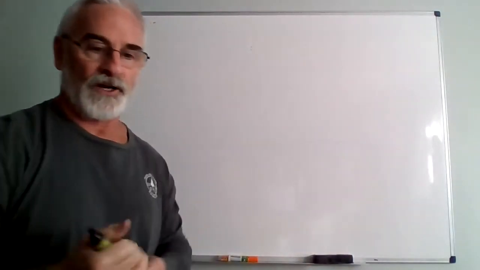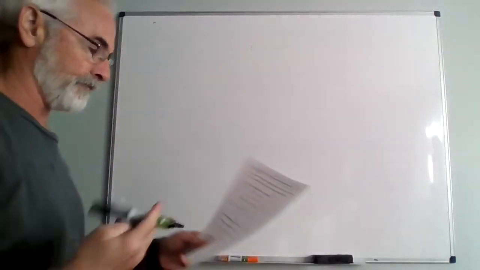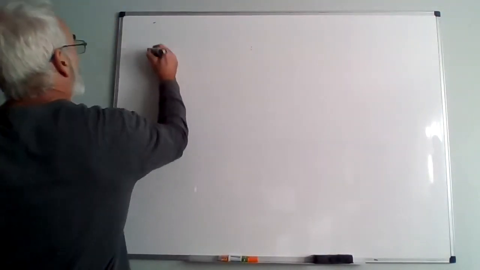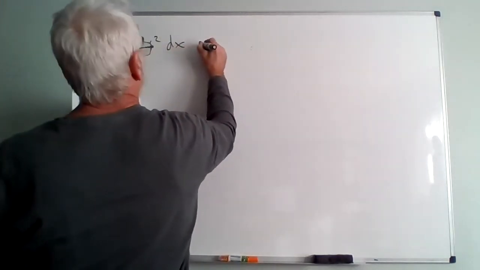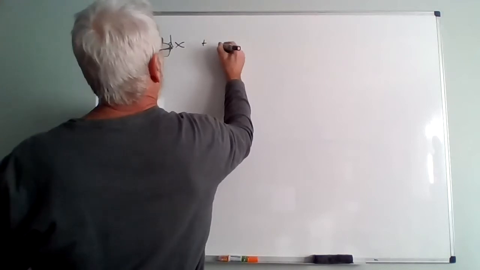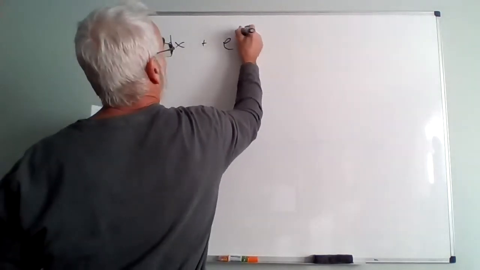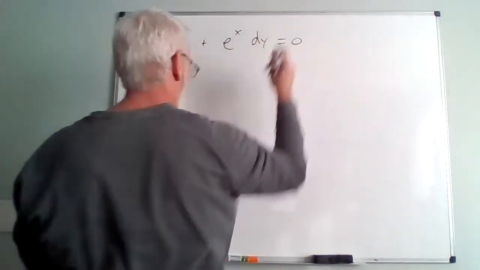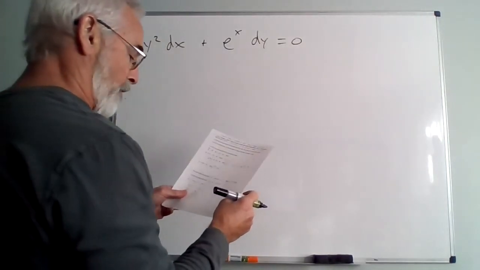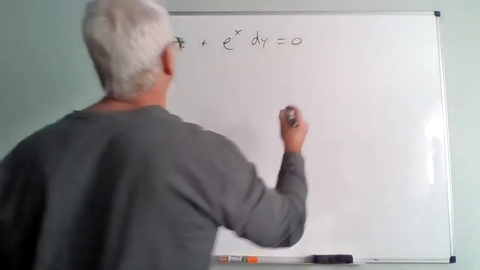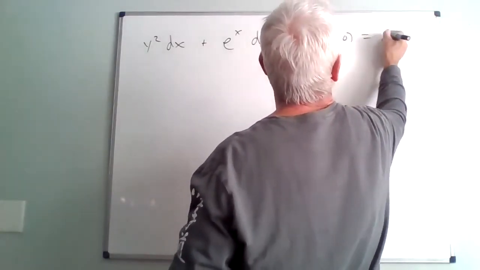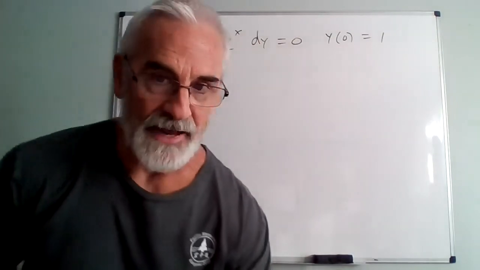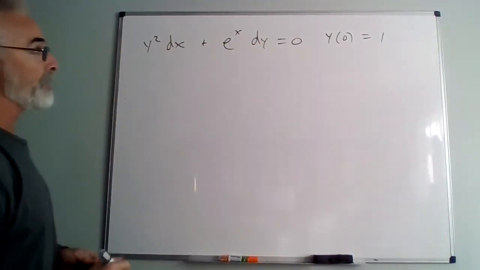And so the differential equation we're going to solve is one of the form y squared dx plus e to the x dy equals 0, okay? And I will have one initial condition, and that will be that y of 0 equals 1. That means when x is 0, y will be 1.